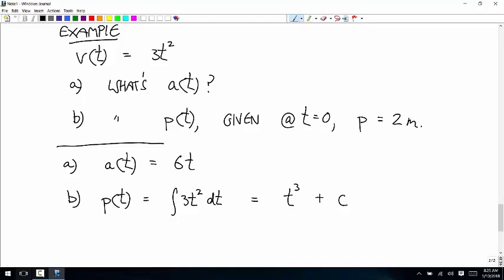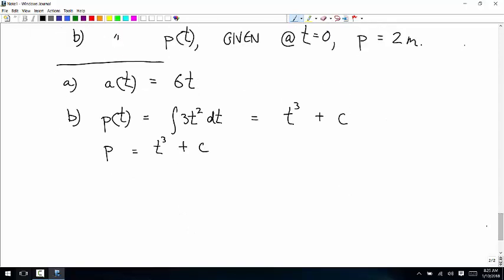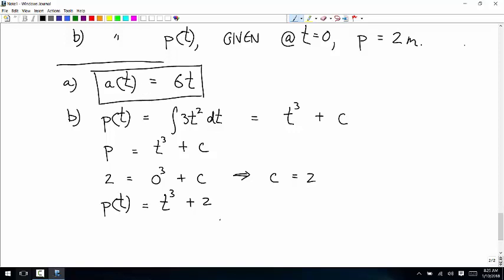So if p is equal to t cubed plus c, then 2 is equal to 0 cubed plus c, and that tells us that c is equal to 2. Have you done that kind of stuff before? Okay, good. So then position as a function of time is equal to t cubed plus 2. So there's your acceleration, and there's your position.